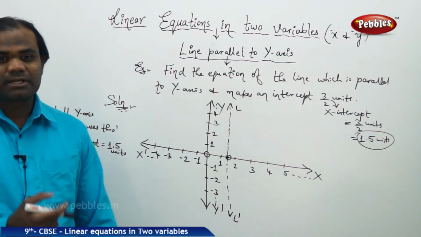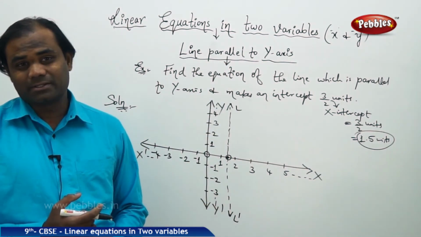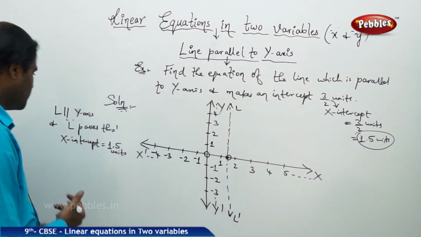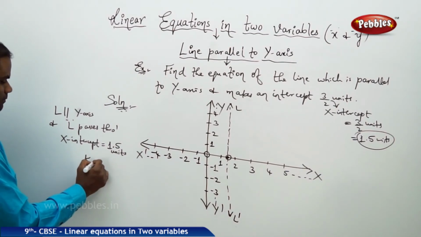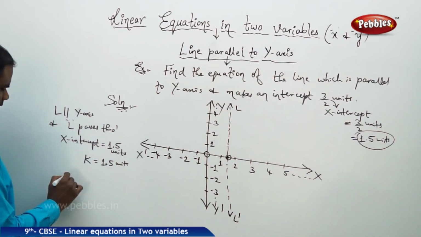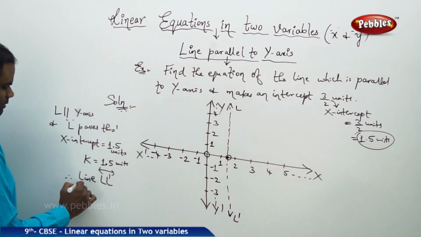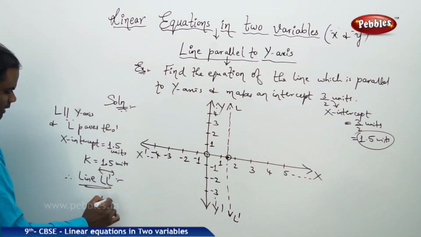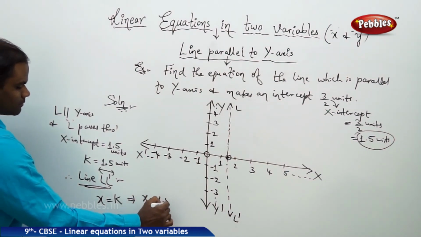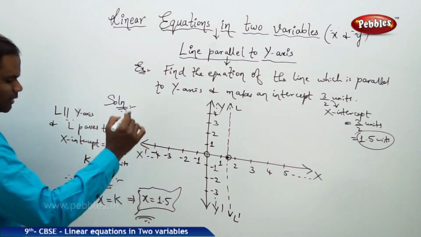As we have seen in the previous session that any line parallel to y-axis and passing through k units being the x-intercept is x equal to k, and therefore my x-intercept, which is k, is identified to be 1.5 units, and therefore line L dash is given by x equal to k, that implies x equals 1.5.